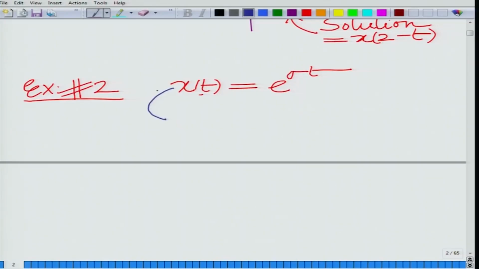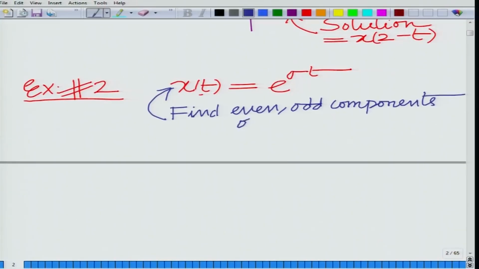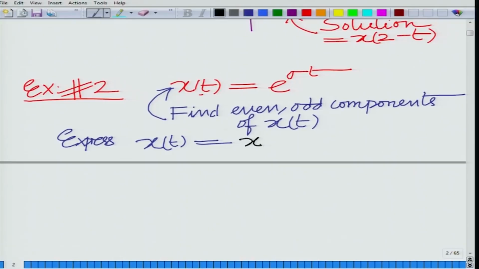We are required to find the even and odd components of x of t, that is, express x of t as x even of t plus x odd of t.